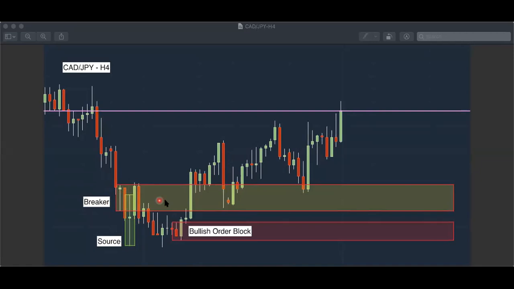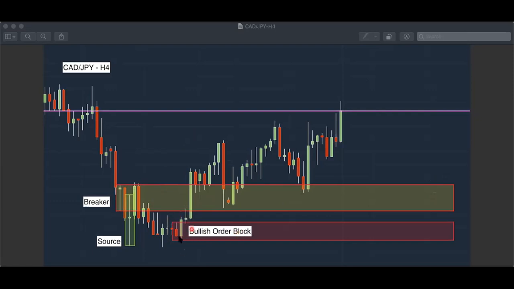So here, this price is pushing down again, pushing back up, and this one here is becoming invalidated, and here we can see this is becoming breaker, and here we got a bullish order block as well.